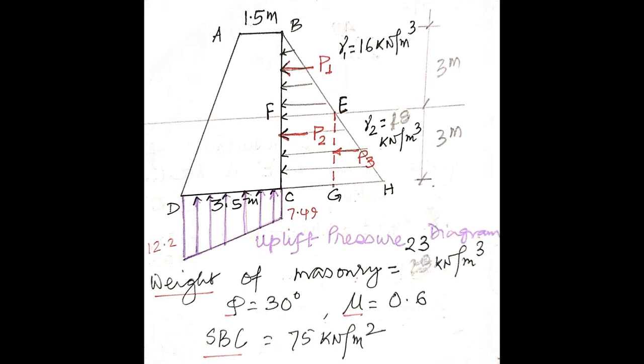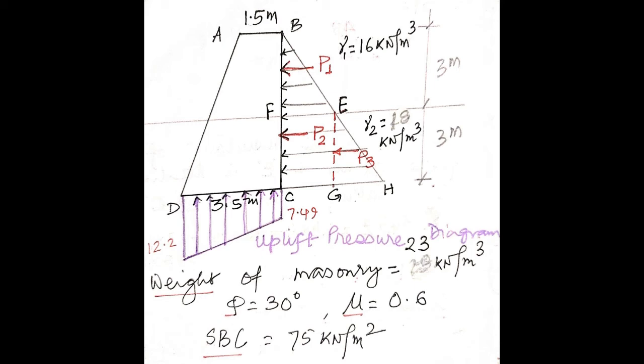Before starting, one more thing to understand: the pressure intensity at the EF level of the triangle BFE will be the same as at CG, because EFCG is a rectangle. This is another important observation to keep in mind.